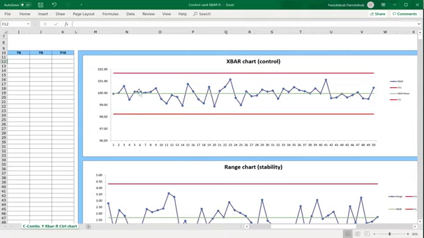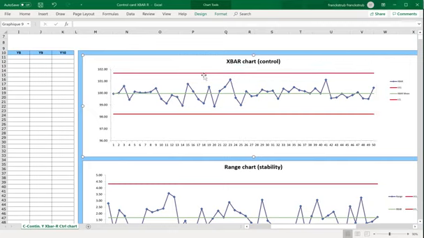Because you have 50 X-bars collected on this control chart, we can compute not only the mean, but also the standard deviation. If we take 3 times the standard deviation above the mean, we have an upper control limit for X-bars, and a lower control limit if we take the average of your X-bars minus 3 times the standard deviation of your X-bars.